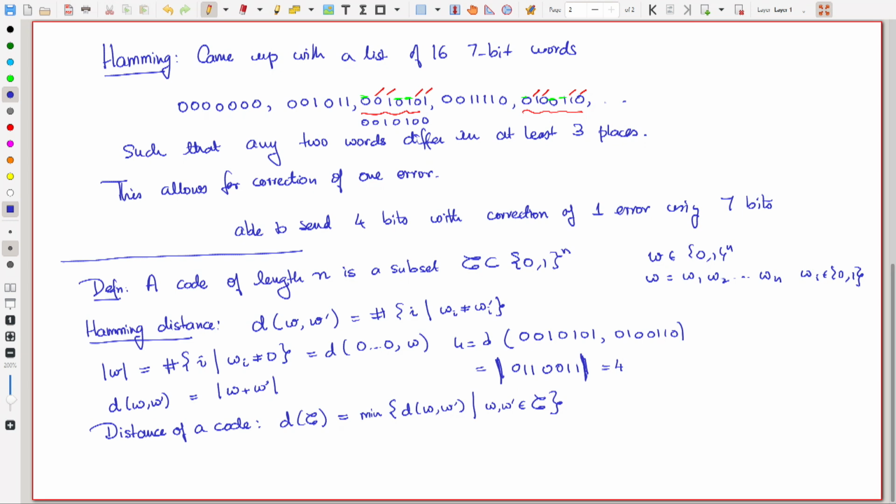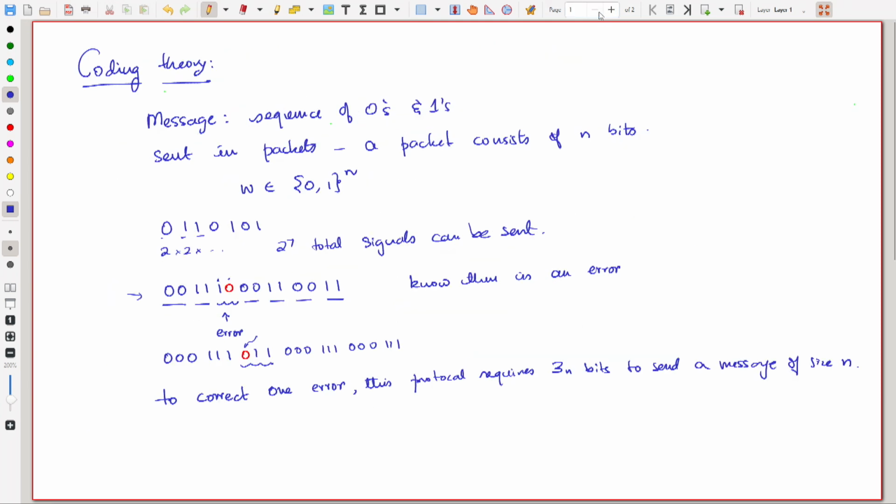So, what is d of Hamming's code? It is 3, right. And if you look at the simple codes we had earlier, the d of this double repeat code is 2, because if there are two words in this code which differ in at least one place, then they will differ in two places because we are repeating each thing. And this triple code, its distance is 3.